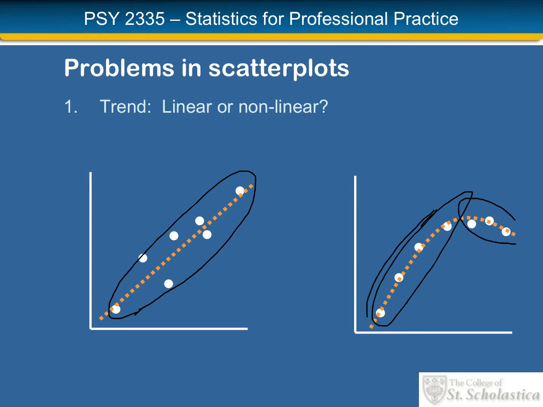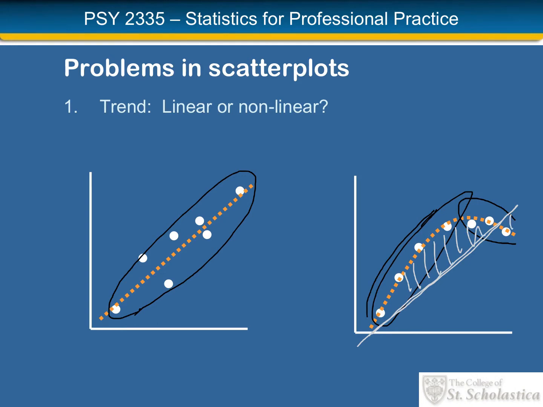We call that a curvilinear relationship. The correlation coefficient, instead of being able to plot those two parts equally, would probably put one sort of averaging line through it, and it would be too low for the first half of the points and then too high for the second half of the points.